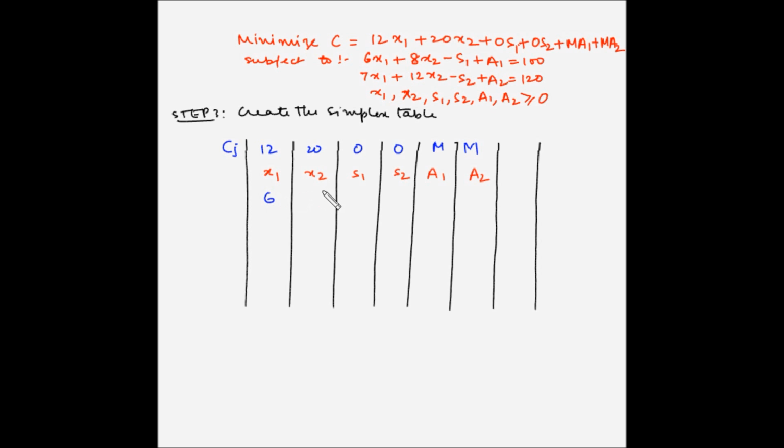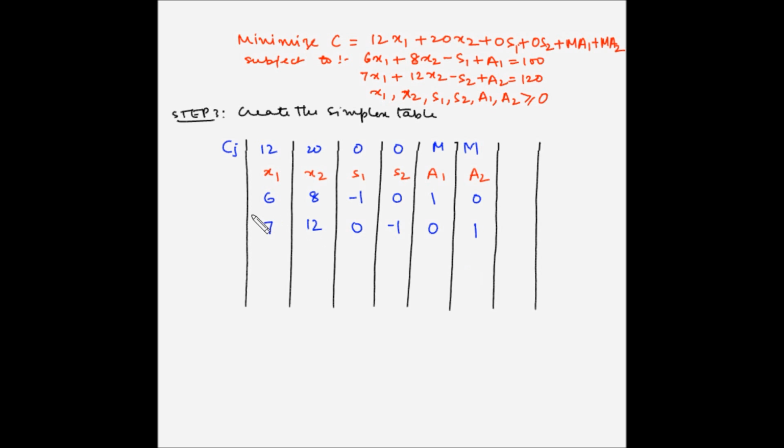So 6x1, 8x2, minus 1 s1, 0 s2, 1 a1 and 0 a2. Let's move to the next constraint. 7x1, 12x2, 0 s1, minus 1 s2, 0 a1 and 1 a2.